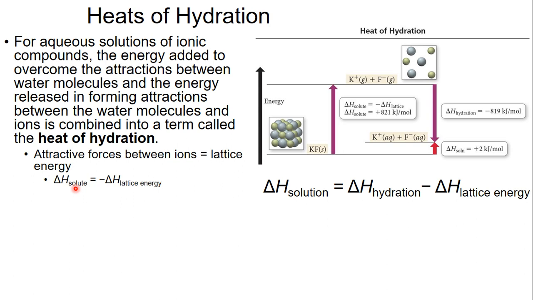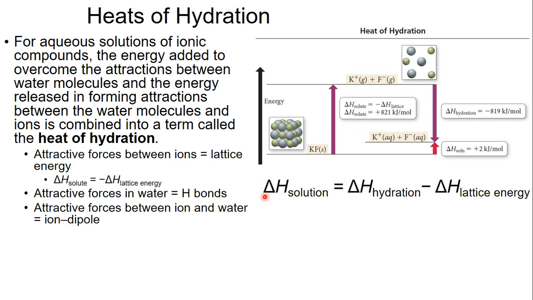So to break apart sodium and chloride, we have to put in 20 kilojoules of energy. So the first thing we need to do is break apart our ions, which is delta H solute, which is equal to our lattice energy. Now, with water, we have to break apart those interactions as well, and those attractive forces are hydrogen bonds, so we put energy into that as well.